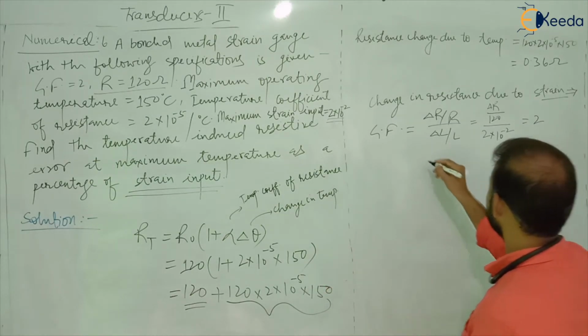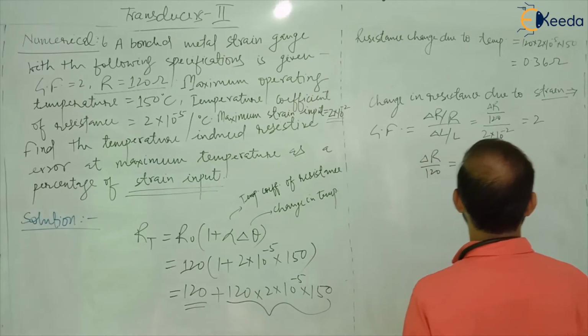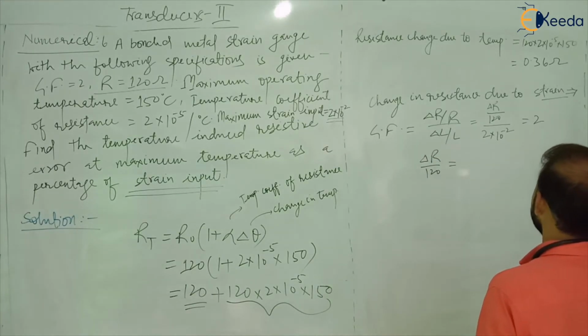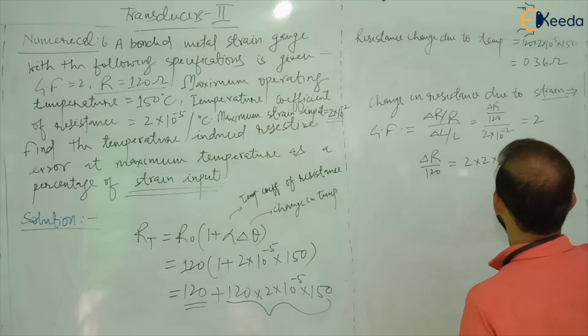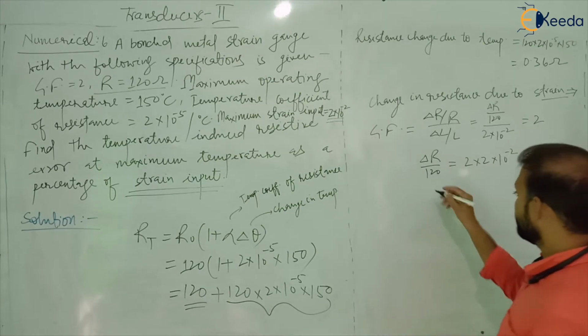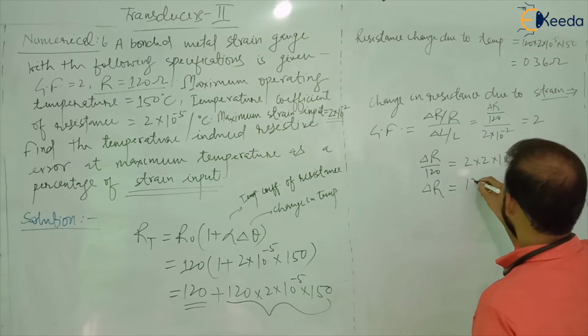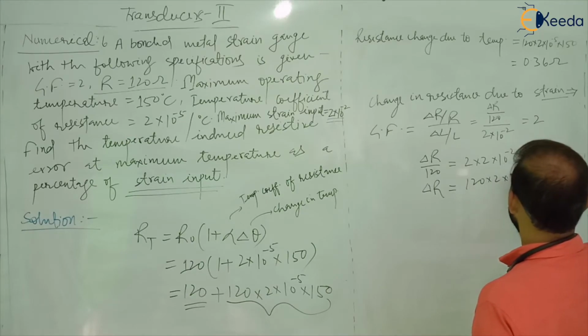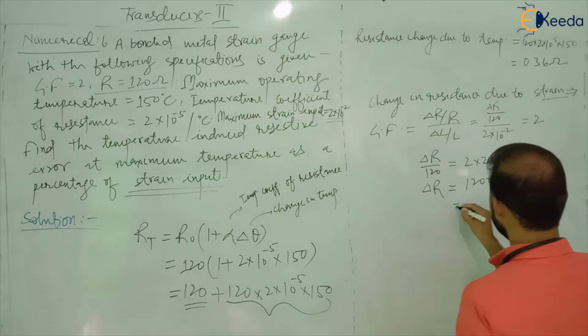So from here delta R by 120 will be equal to 2 into 2 into 10 to the power minus 2. Right? From here delta R will be equal to 120 into 2 into 2 into 10 to the power minus 2. Calculate this quantity.